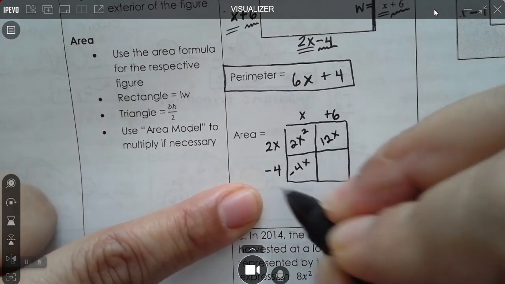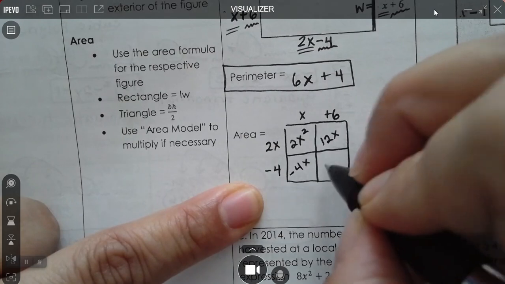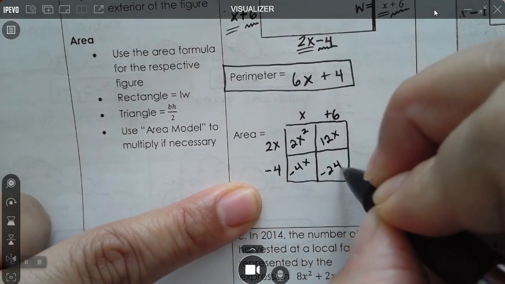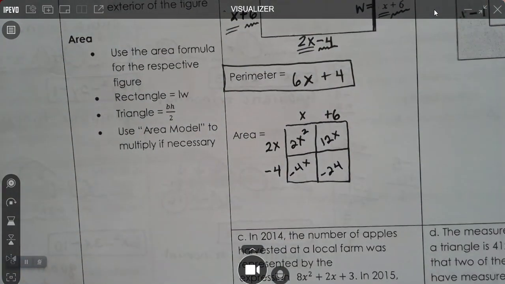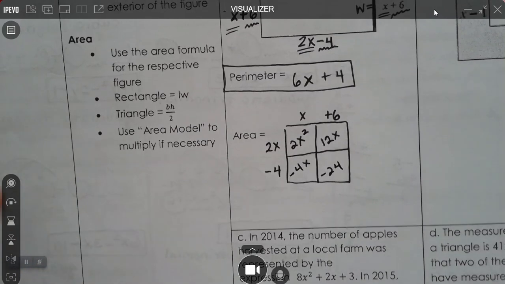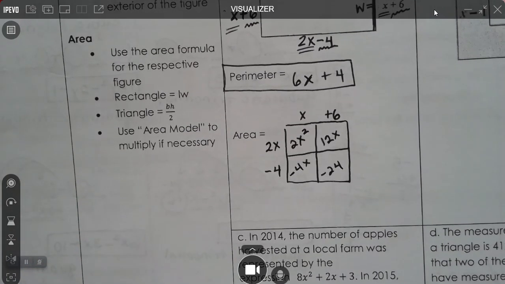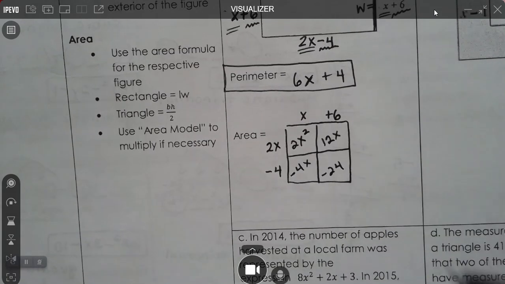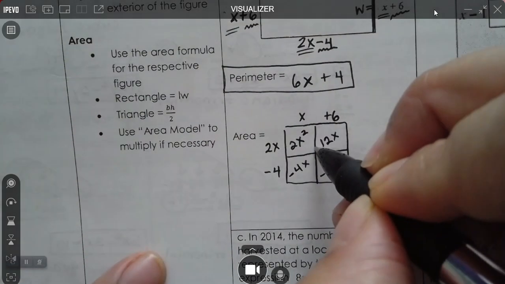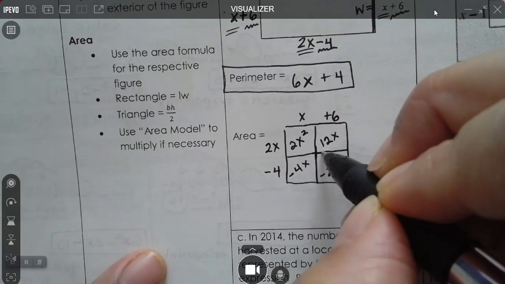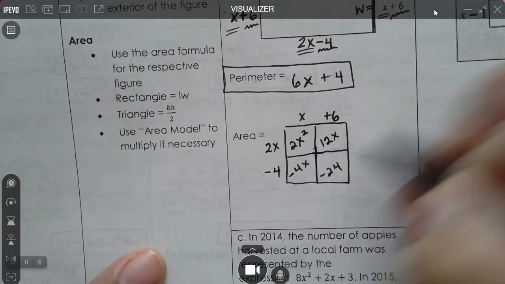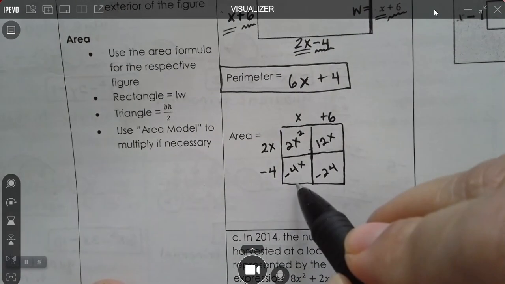And negative 4 times 6. All right, you are done multiplying. Now all you have to do is combine like terms, if any, which most of the times you will have like terms. Okay, combining like terms means that you're going to use the fact that this grid makes a little plus sign in the middle to remind you that you're adding the coefficients.